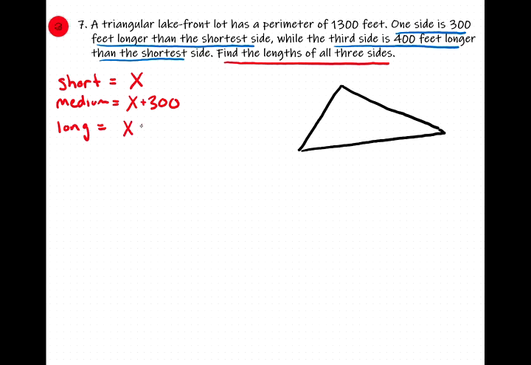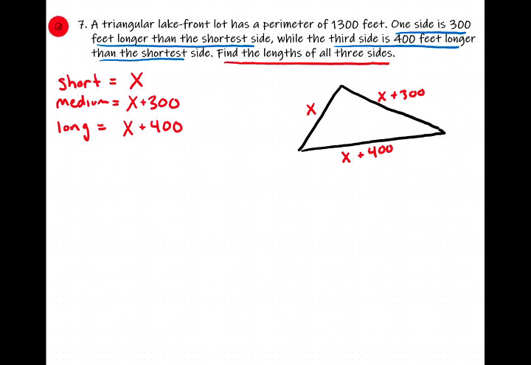So we could take the short side and add 400. Now the short side is x, and the other 2 sides are 300 more than x and 400 more than x. In our diagram, we could say this side is x, this side is x plus 300, and this side is x plus 400.